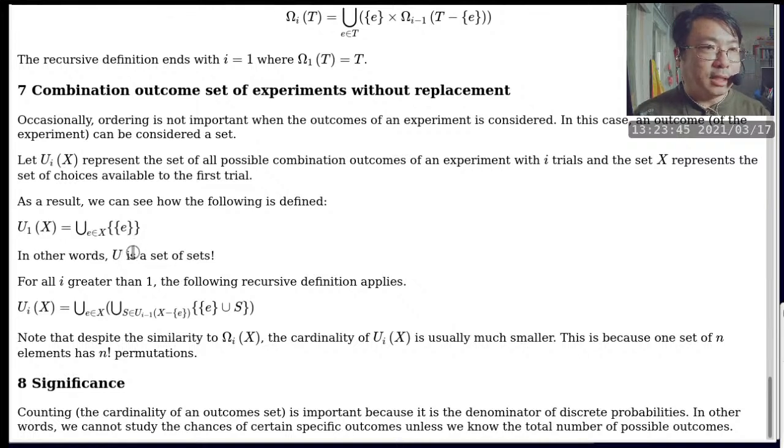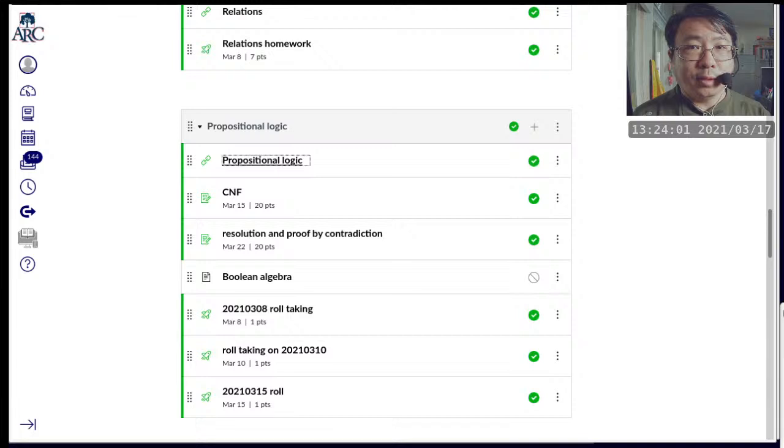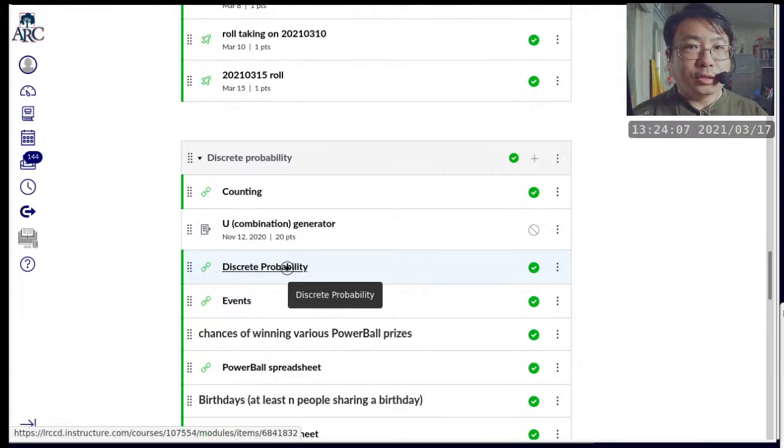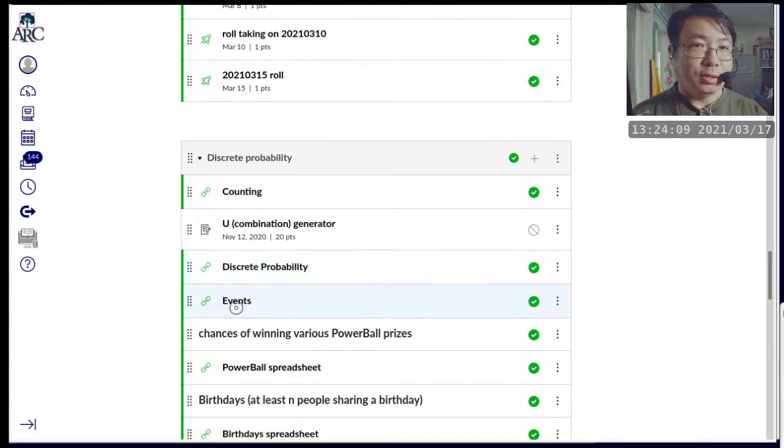I'm going to go off and make some changes to this module right away. But I want you to finish reading this entire thing and make sure that you understand the concepts before the next class. I also want you to read forward a little bit and read discrete probability and also events.